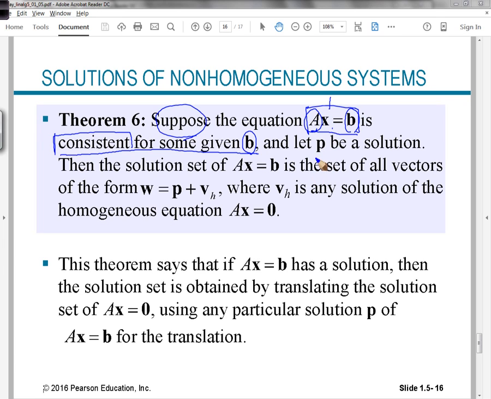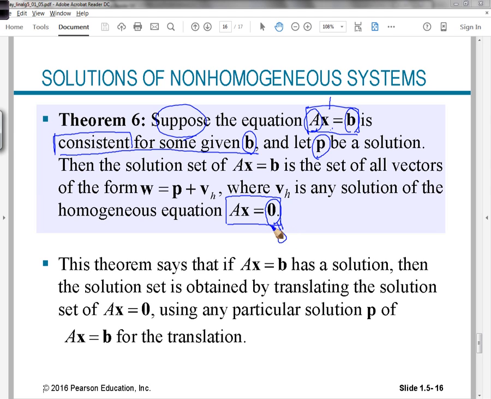Okay, and then here's another assumption. Someone already gave you one solution for this equation, right? So fortunately, we didn't need to obtain a solution, but someone gave us one solution, okay? In this case, we solve this homogeneous linear system where we set this to 0, okay?